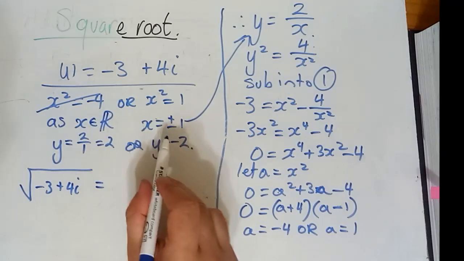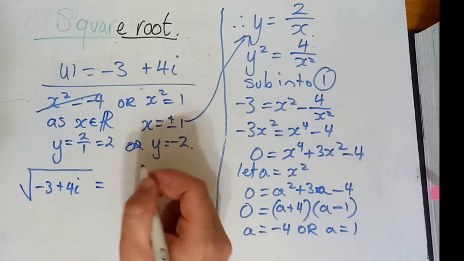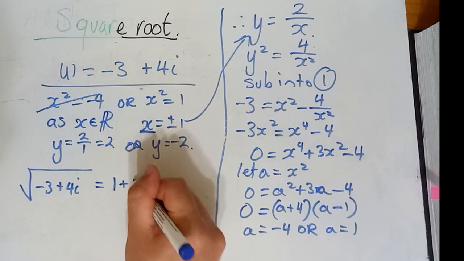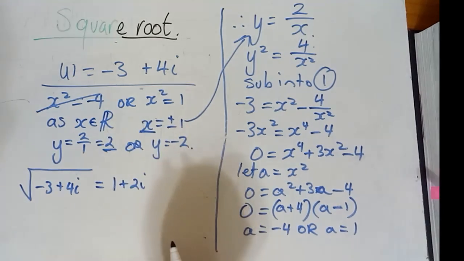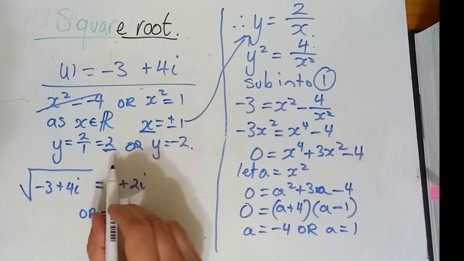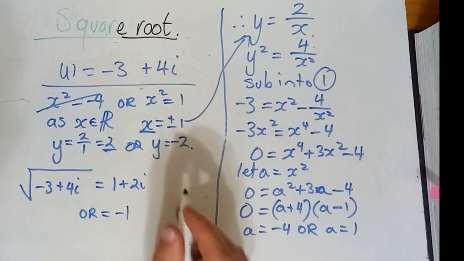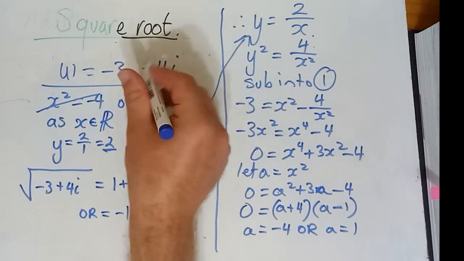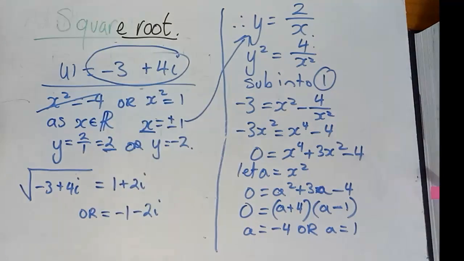There are two possibilities. We could have 1, because that's our x, plus 2i for the y, or we could have -1 minus 2i. So hopefully when you square both of these numbers, you get w. So the square root has to be either this one or this one.